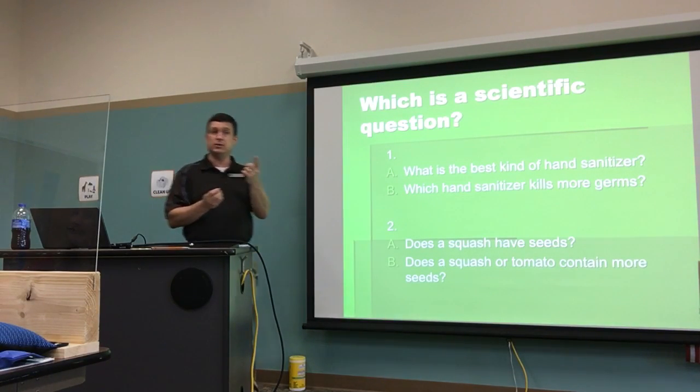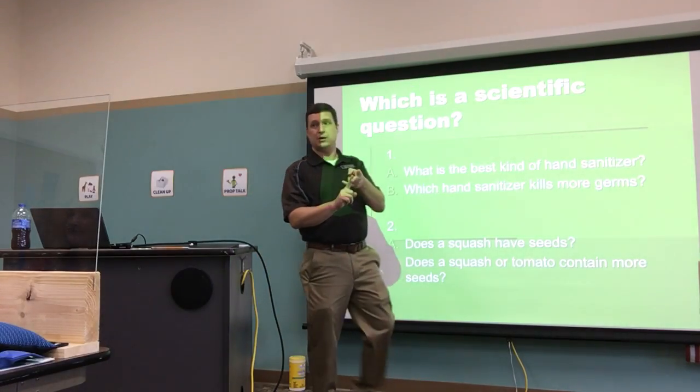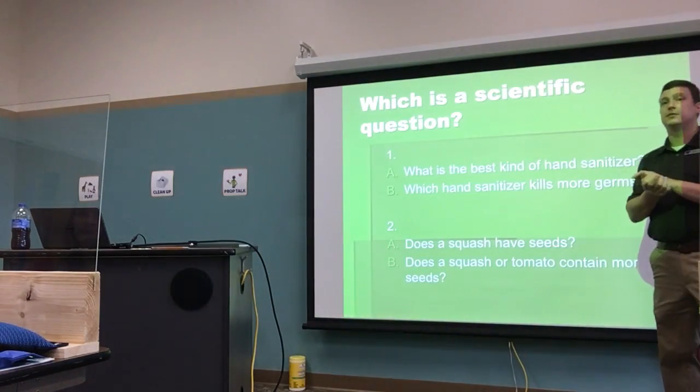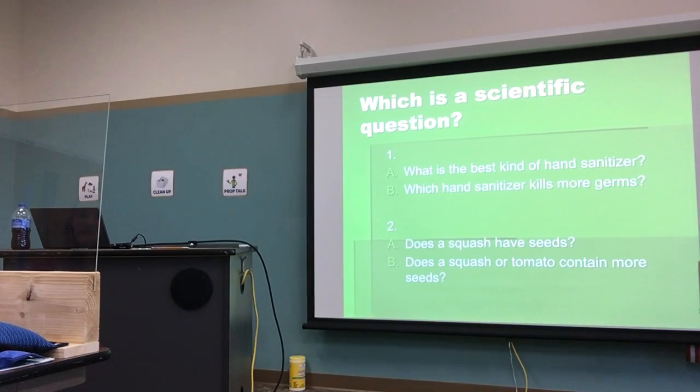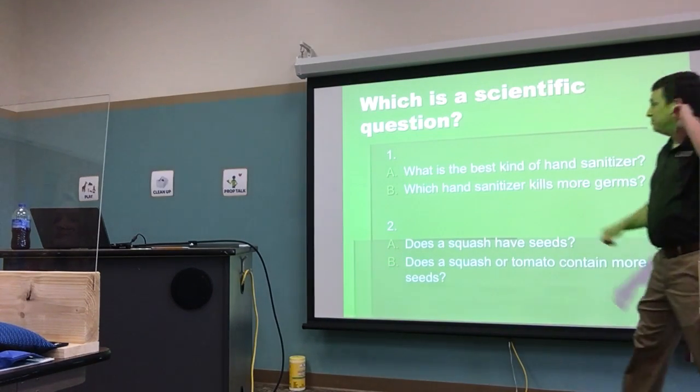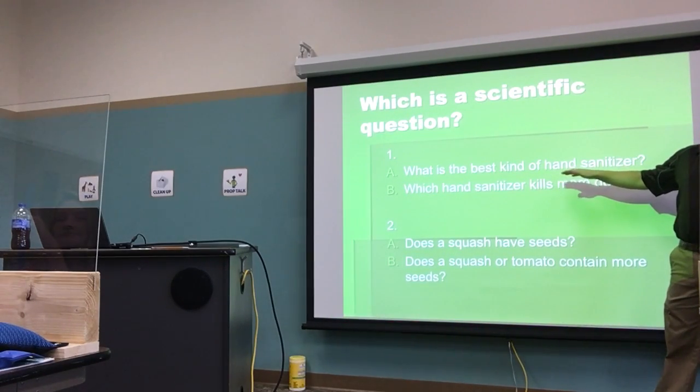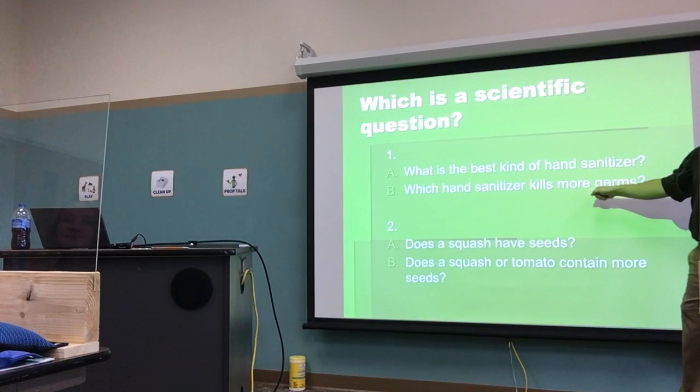Which one's more clear? Which one's more specific? Which one's actually measurable? Let's see here. Very back here. Yes. What do you say? B? Really? Give me a thumbs up if you agree with it. Awesome. You guys picked it out. That's the scientific one, isn't it?